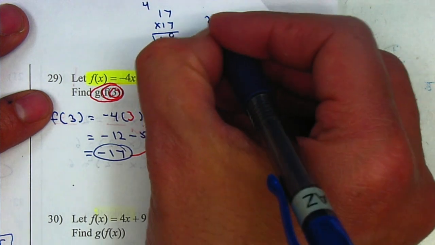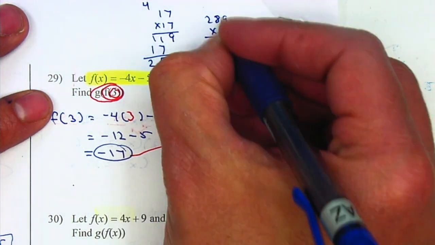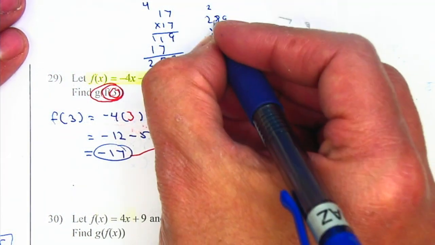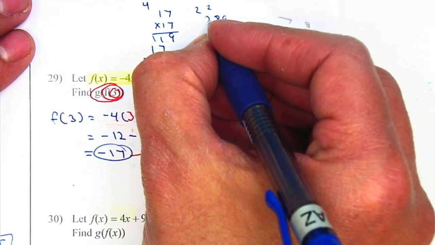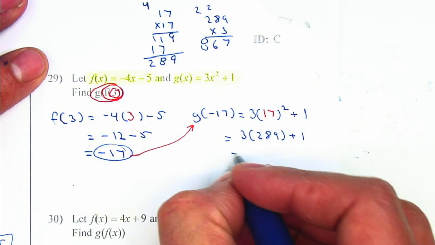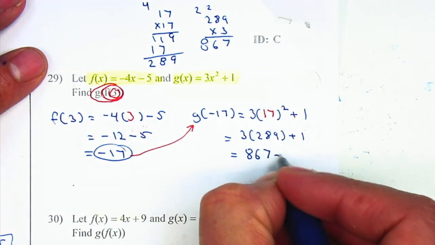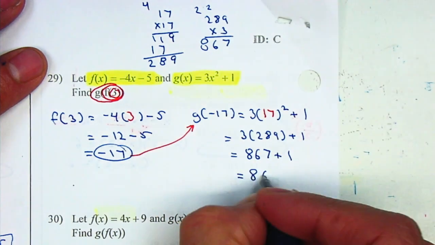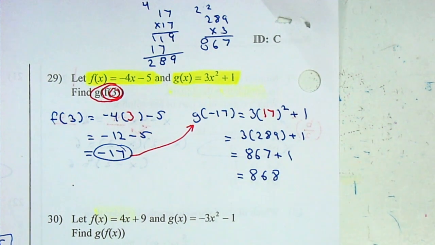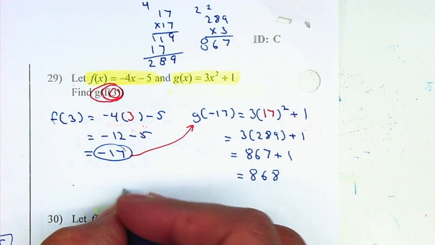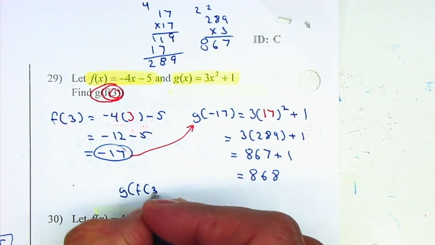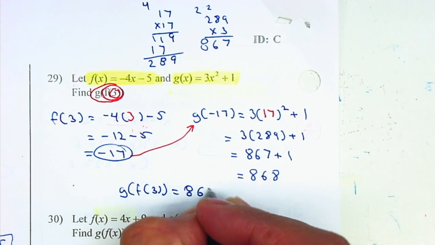So let's multiply 289 times 3. 27, carry 2. 24 and 2 is 26, carry 2. 6 and 2 is 8. So it gives me 867 plus 1, 868. And that's our answer. So g of f of 3 is equal to 868.